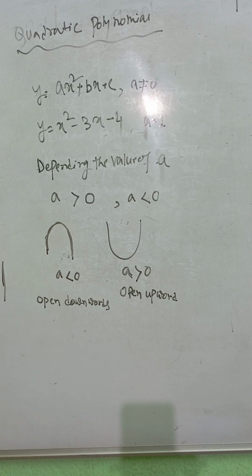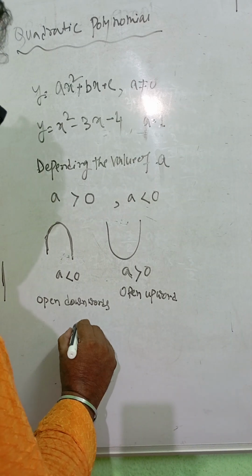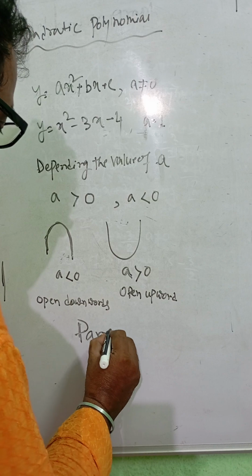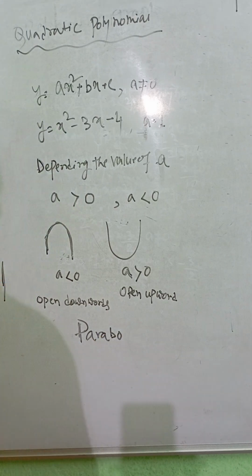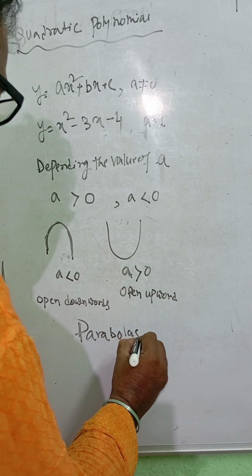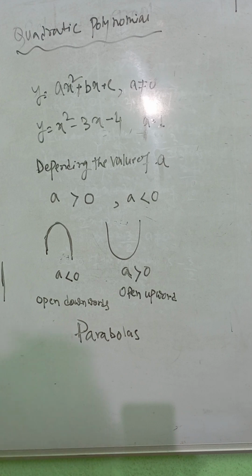All these are called parabolas. Depending on the value of a, if a is less than 0, it opens downwards.